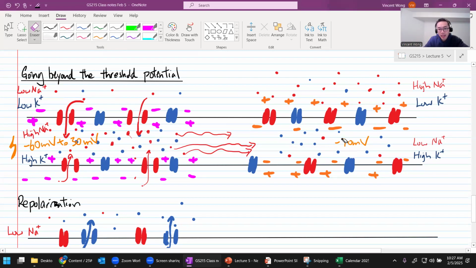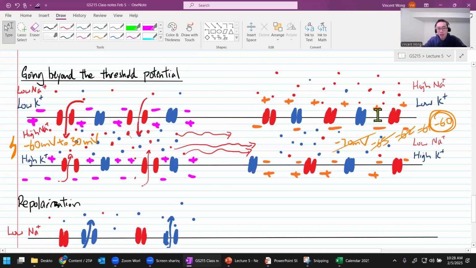So this number, -70, is gonna become -65, -62, -61, and eventually, if enough sodium moves forward, it is going to become -60. And that is going to be the triggering membrane potential, right? The threshold potential for the sodium channels.